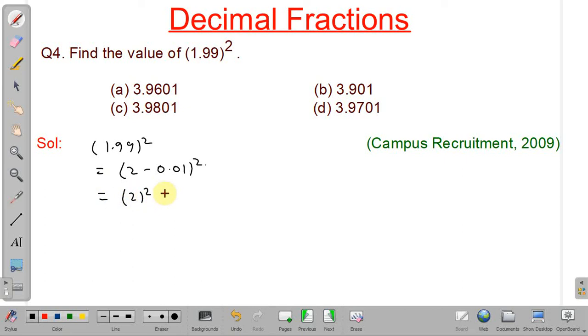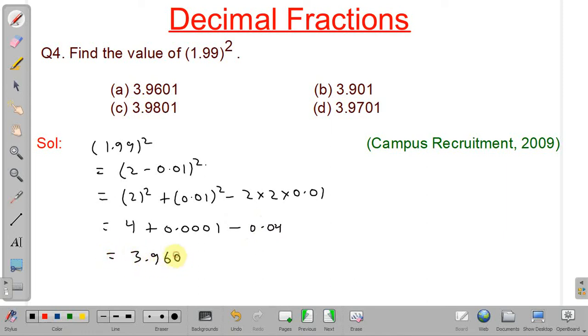So 2 square plus 0.01 whole square minus twice of 2 into 0.01. Now we can easily calculate 0.01 whole square. Okay. So it will be 4 plus 0.0001 minus 0.04. So we will get this value as 3.9601. So our answer will be option number A.